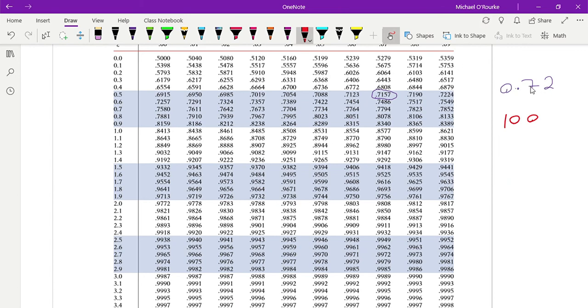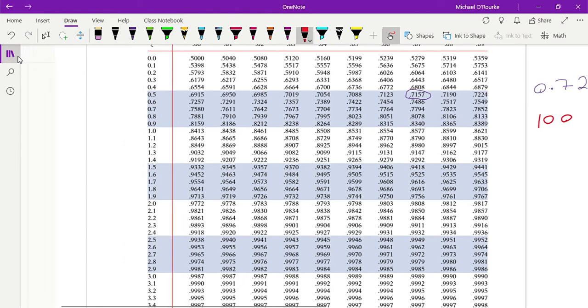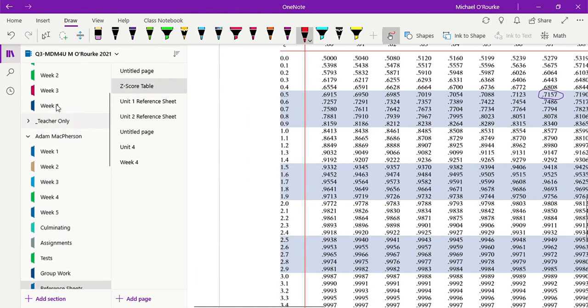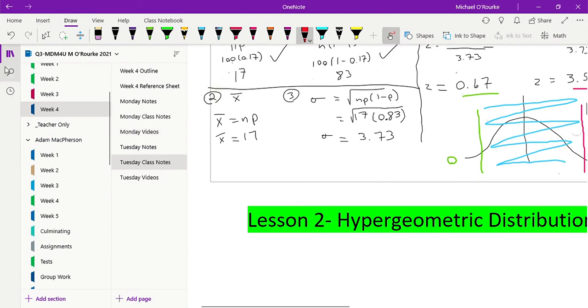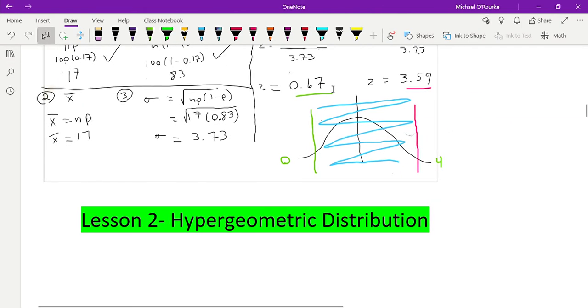So 72% and 100%. I realize what I did wrong with my chart now. That line there would have been negative 6.7. 6.7 is around here. So then we take the difference between those two, okay?